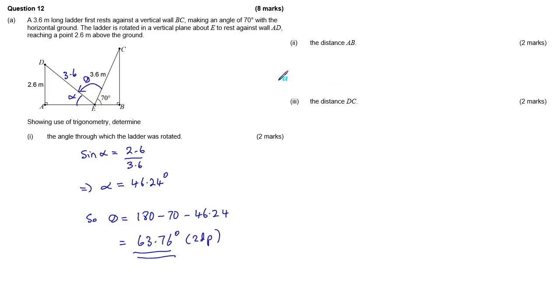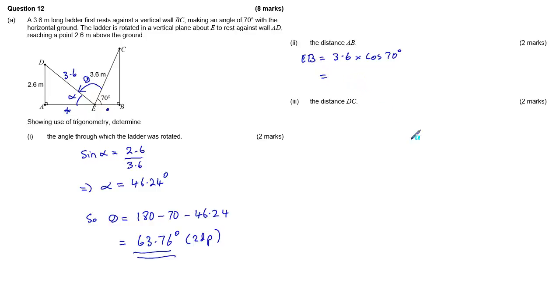We now want the distance AB. Well, that's going to be this length added to this length here. So if we think about this, that's the adjacent. So EB is going to be 3.6 times the cosine of 70 degrees.